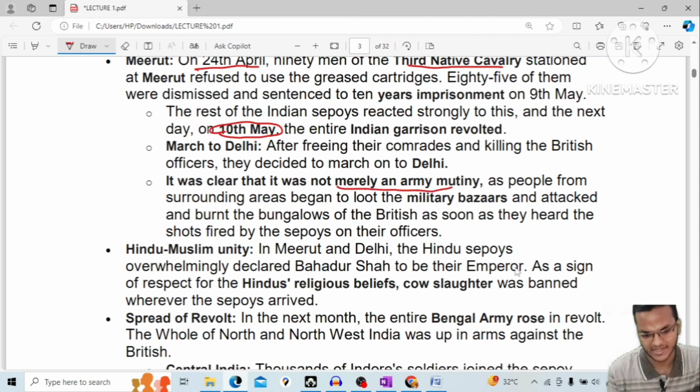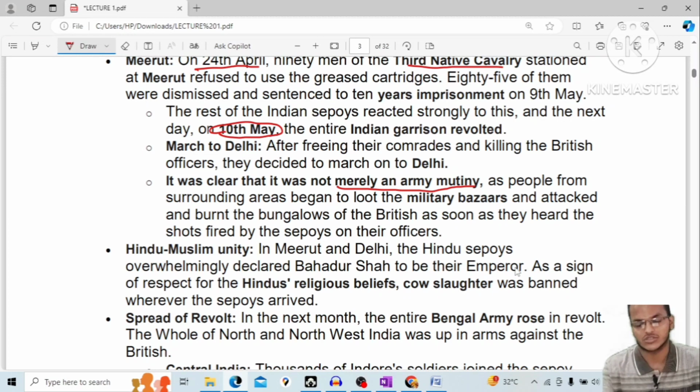So this was clear that it was not merely an army or sepoy mutiny. It was the peasant, the artisan, the craftsman, the common man, all segments of the society participated, and there was a huge participation of the common man.